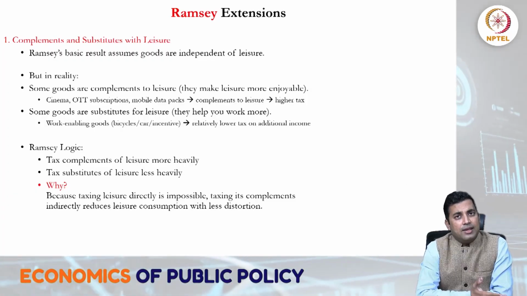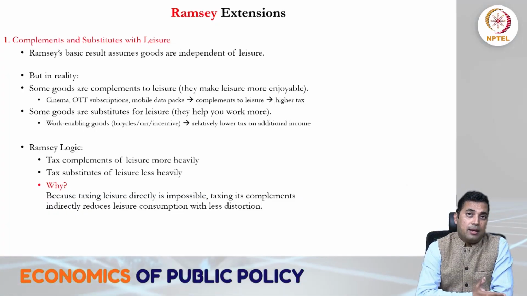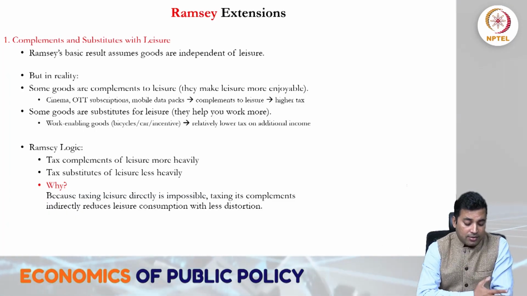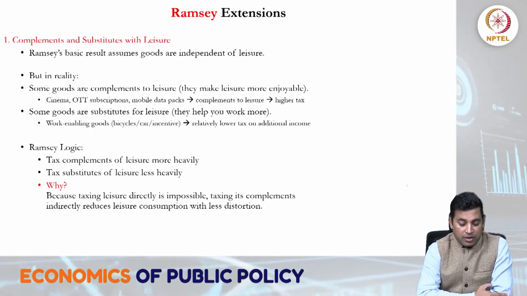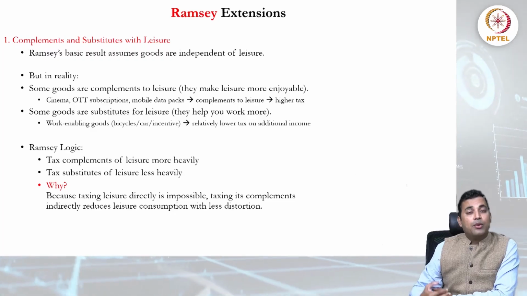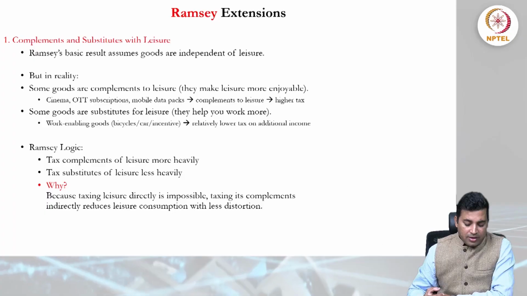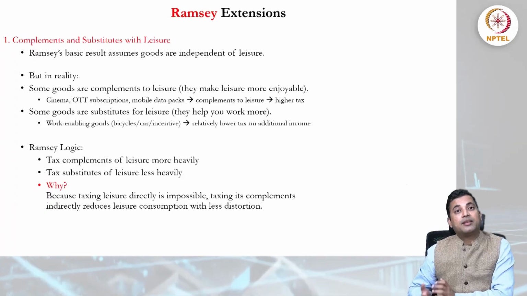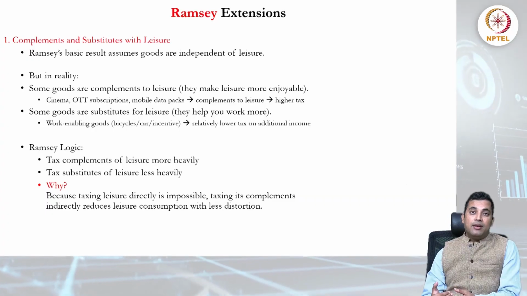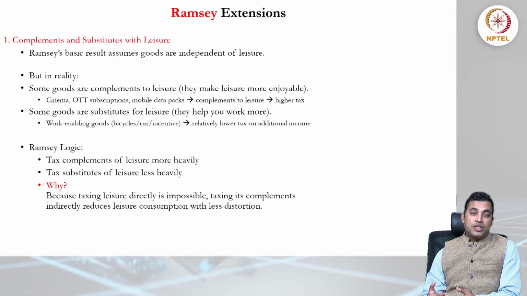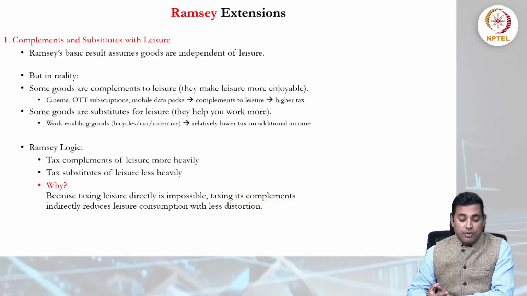So what is Ramsey's logic here? If we summarize, tax complements of leisure more heavily and tax substitutes of leisure less heavily. What could be the reasons? Because taxing leisure directly is impossible. That is what I said at the beginning, that imposing tax on leisure is very complex and complicated, almost next to impossible.